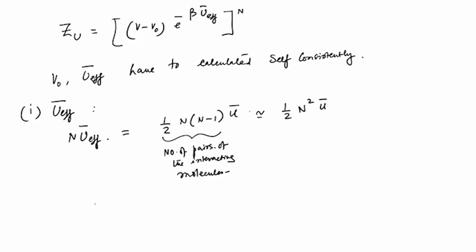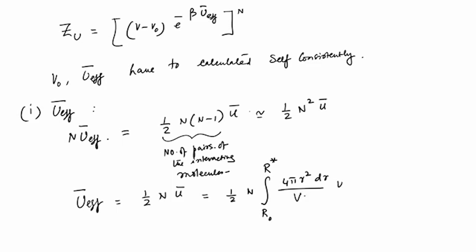So that gives an expression for U effective average, which is half of n into U bar, and this is half into n times an integral from r 0 to some r star of 4 pi r squared dr divided by V, and u of r. And what is this factor?